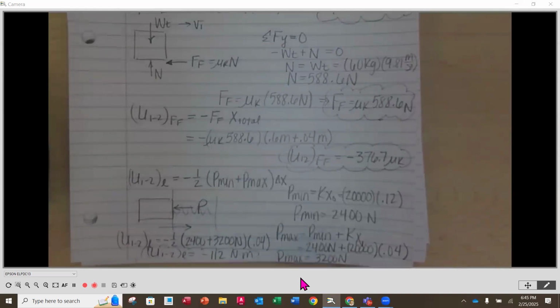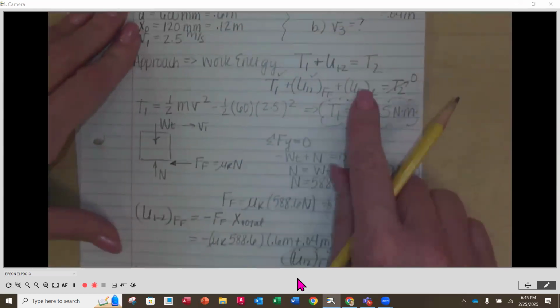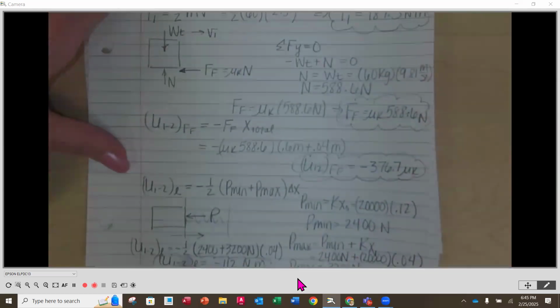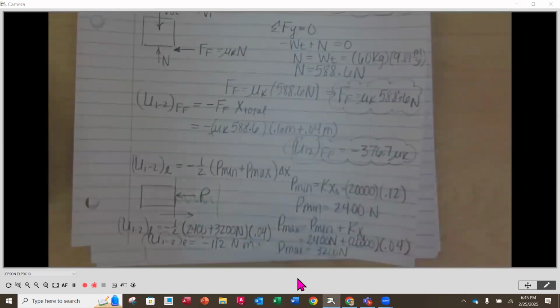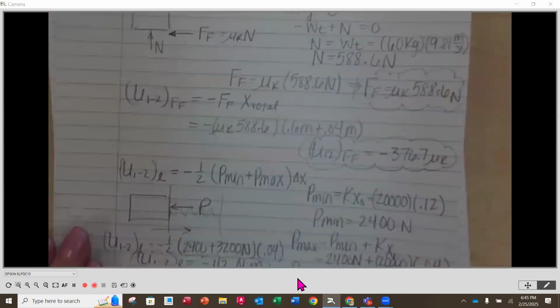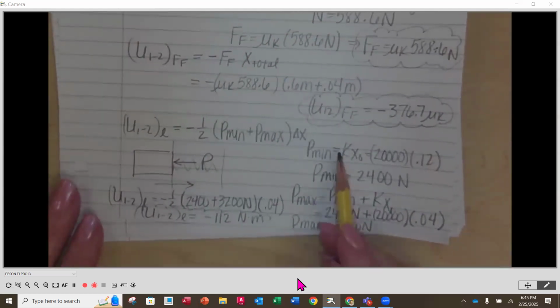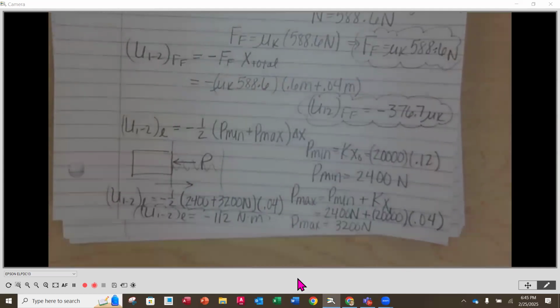And that's going to be the work done elastic. Okay, so I want to be sure you guys saw that there. I did my P-mins over here, and then I used them in this equation. And I have -112 Newton meters as my elastic work done by the spring as it compresses that additional 40.